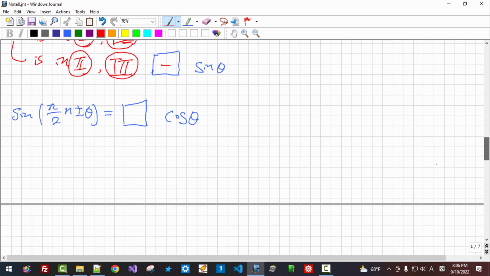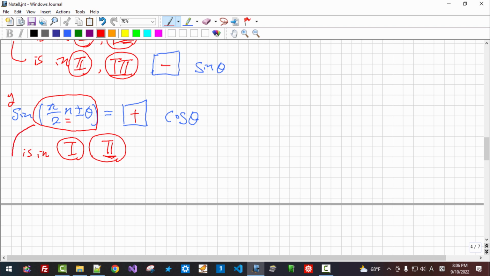Likewise, n is odd. If this angle is in the first quadrant or in the second quadrant, sine follows y, the sine of y. So it becomes positive.